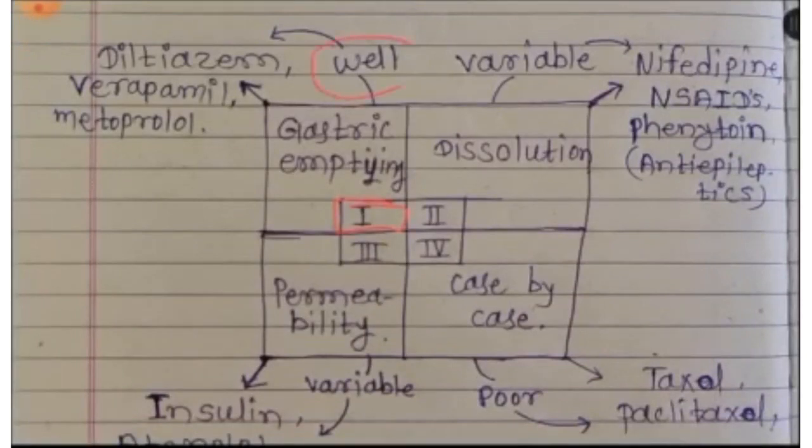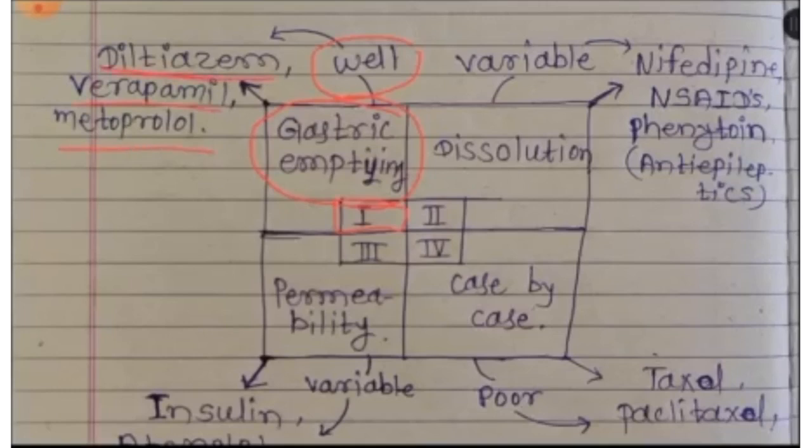The class 1 drug of BCS classification is well absorbed because it has high permeability and high solubility. So the rate limiting step in the absorption of class 1 drug is gastric emptying. The examples of class 1 drug are diltiazem, verapamil and metoprolol.